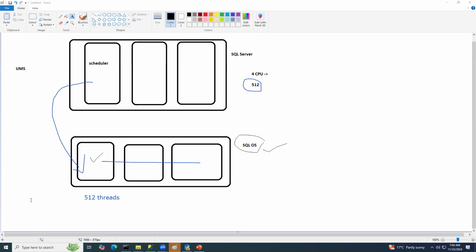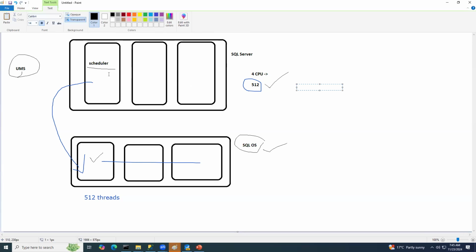Now, what we have achieved with the UMS is that we are not sending all the threads to the Windows operating system. We are controlling and scheduling the threads. How are we scheduling them? Let's say I have 512 threads. These will be divided by the number of CPUs. For example, I have 3 CPUs, so 512 divided by 3.